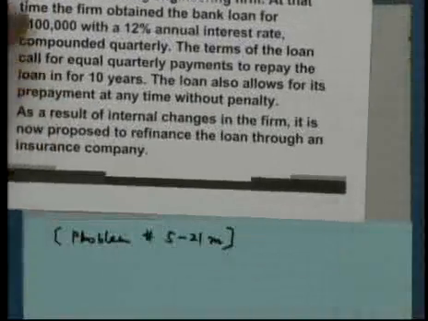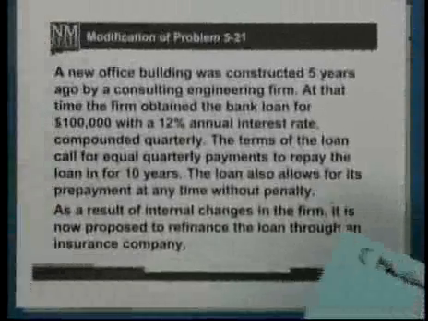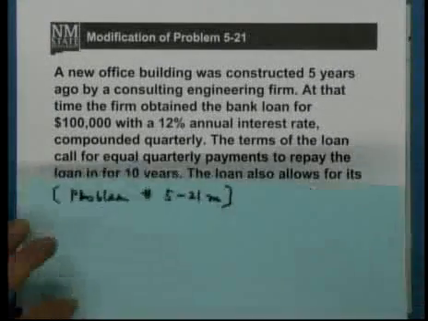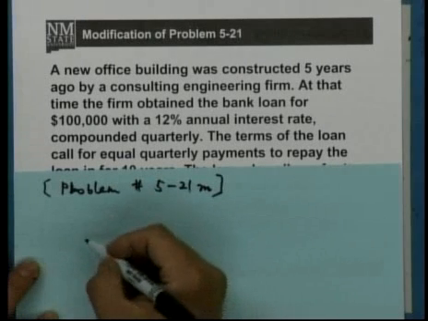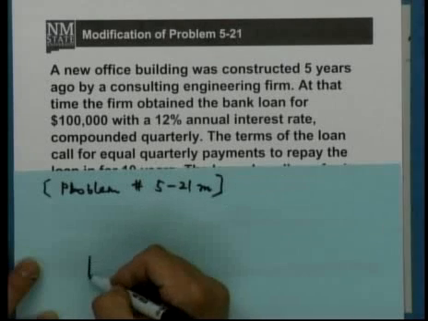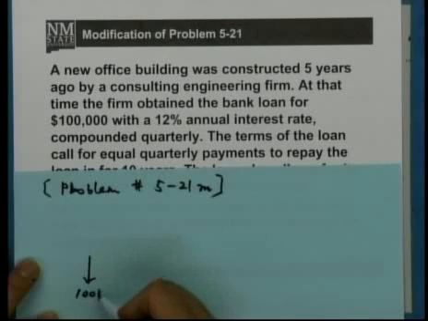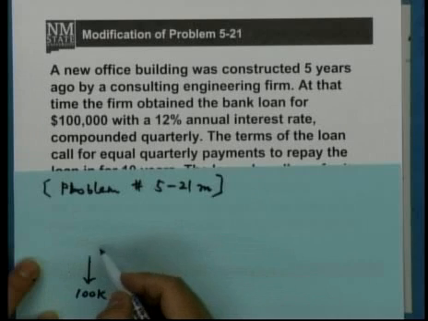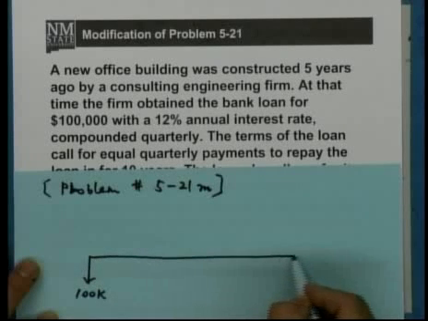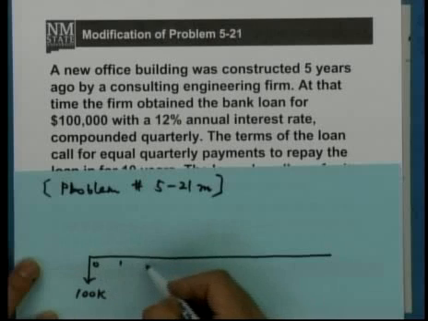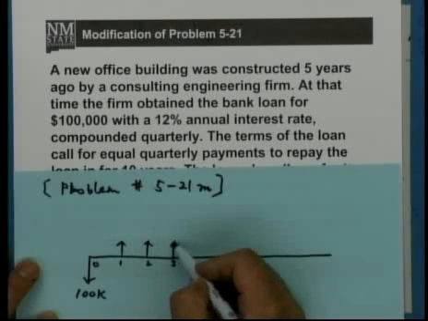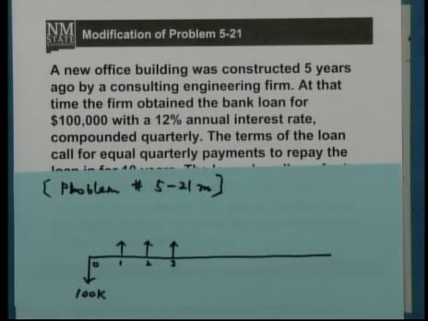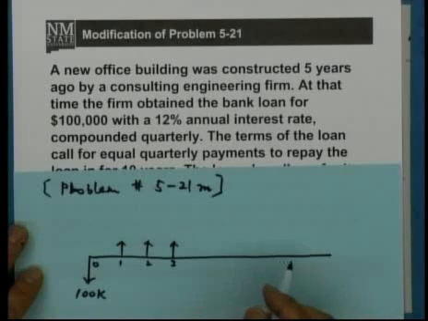So our cash flow diagram will be based on this, right? Okay. So we have $100,000 at the end of period 0. And there are quarterly payments, right?